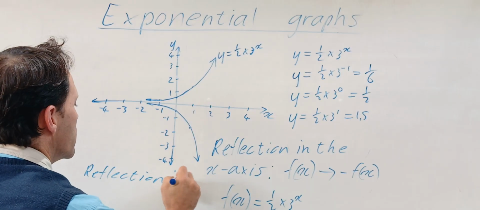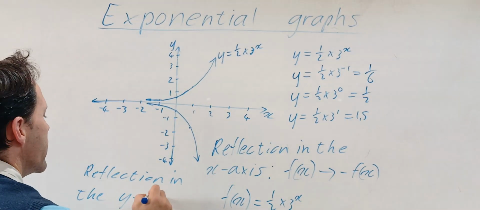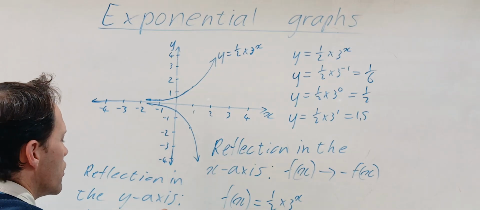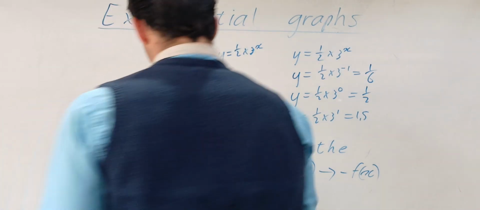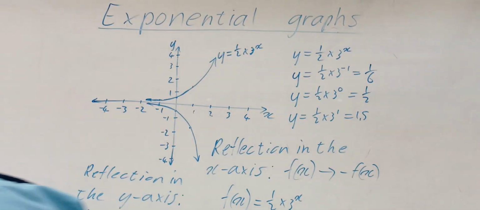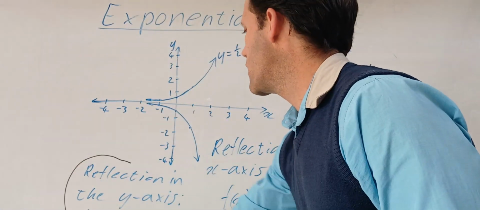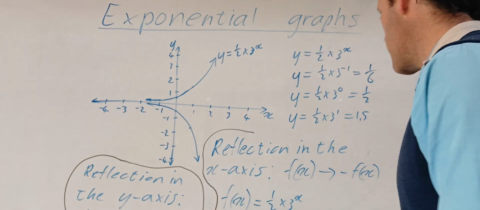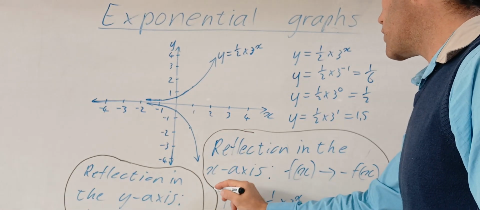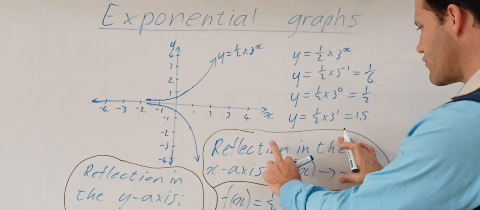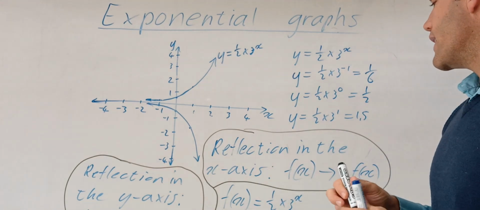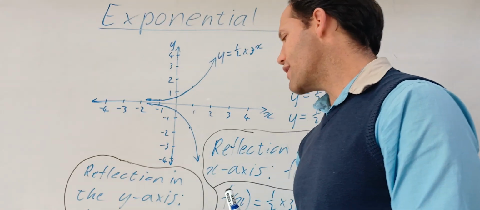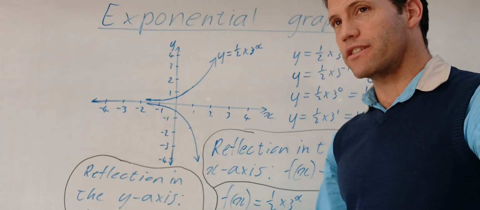If the graph is f(x), the new graph will be f(negative x). These two summaries are very important. Reflection in the x-axis, f(x) becomes negative f(x). Reflection in the y-axis, f(x) becomes f(negative x). So only the x value changes sign now.